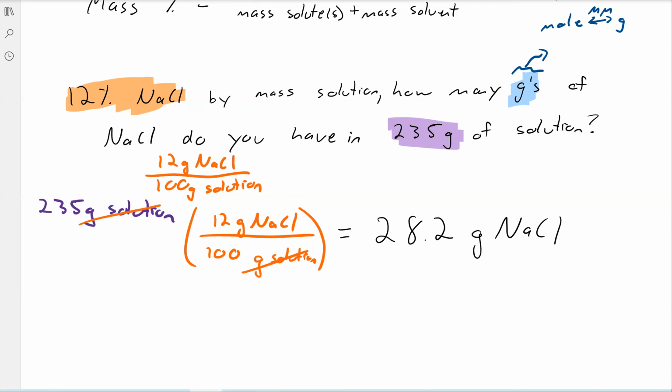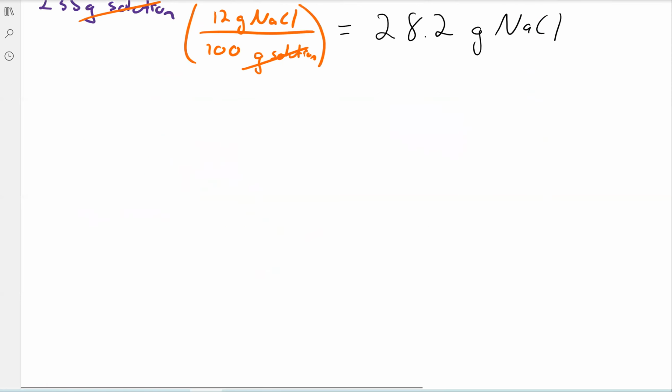That's something that you really should have memorized. Another thing that I could have done, instead of giving you grams, I could have given you a volume. I could have said 235 mL, and then you had to go from grams to mL given the density. So there's all kinds of little ways to change the problem up a little bit, but it shouldn't make too big of a difference. Let's take a look at another example question.